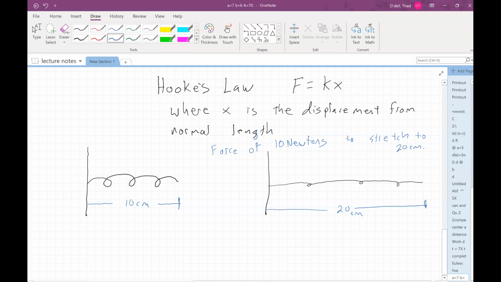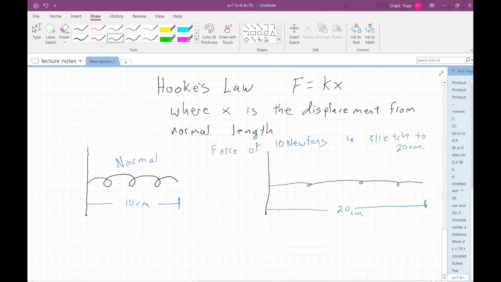So here's the formula: F equals some constant K times X, where X is the displacement from normal length. Let's say my spring, when it's just sitting there, is normally 10 centimeters long. In this problem, it took a force of 10 newtons to stretch it to 20 centimeters.